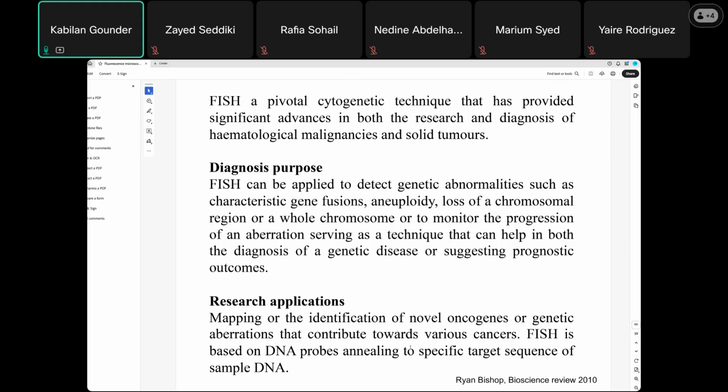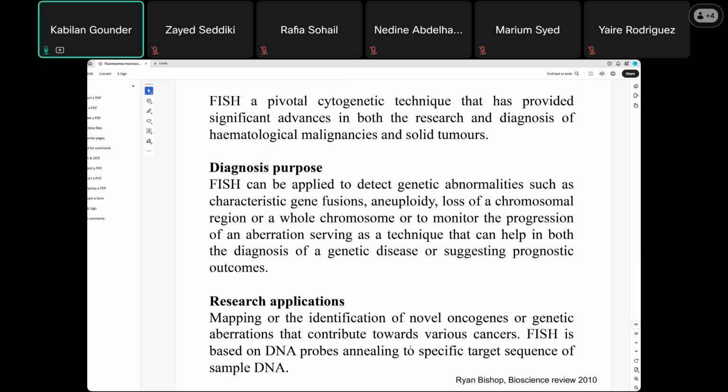FISH can be applied to detect genetic abnormalities such as characteristic gene fusion, aneuploidy, loss of a chromosomal region or a whole chromosome, or to monitor the progression of an aberration, serving as a technique that can help in both the diagnosis of a genetic disease and suggesting prognostic outcomes.